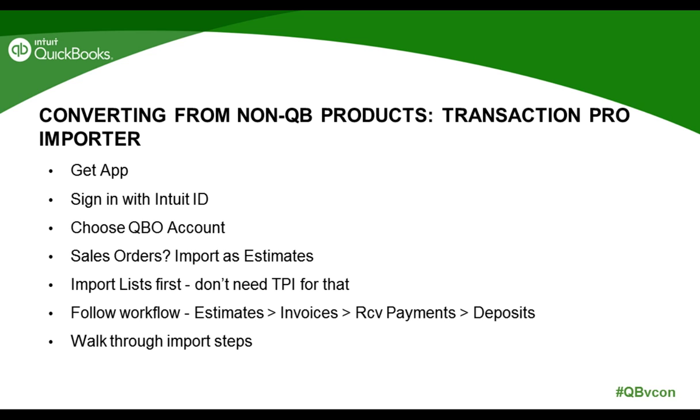You can sign up for the subscription, pay for the month and get the full features and do your conversion, and then you can cancel it and sign back up again. That's what we do, because we don't have Transaction Pro Importer on retainer. We just sign up for it and pay for it as we need it when we're doing those conversions. So you'll choose the QBO account.